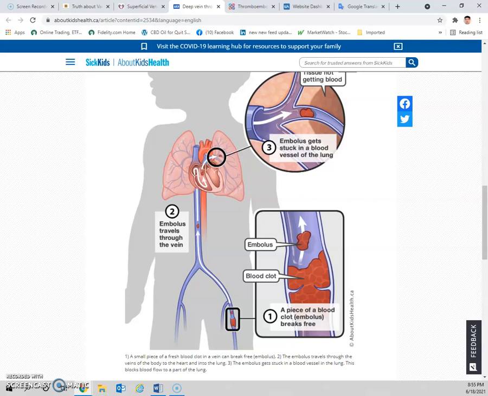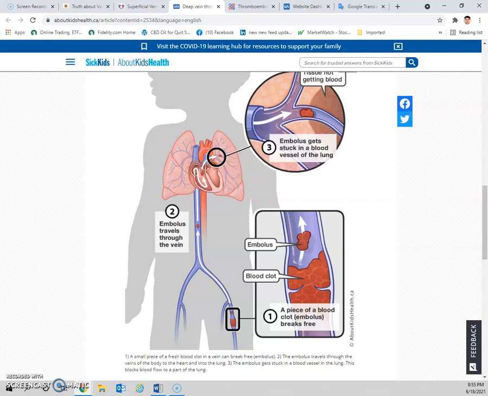So deep vein thrombosis can be dangerous, and as I mentioned, if it develops into pulmonary embolism, it can cause death. Again, prevention is most important.